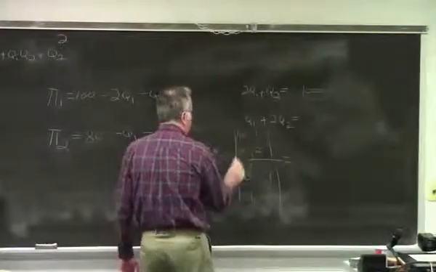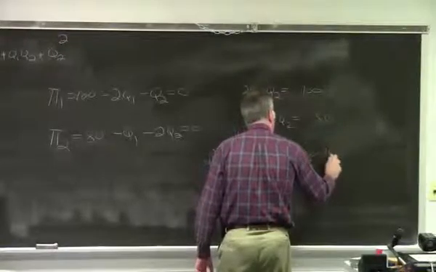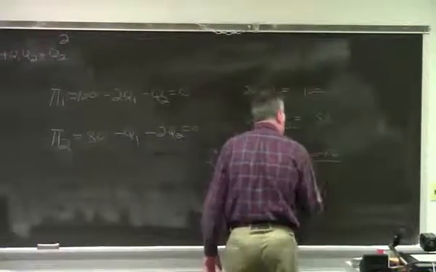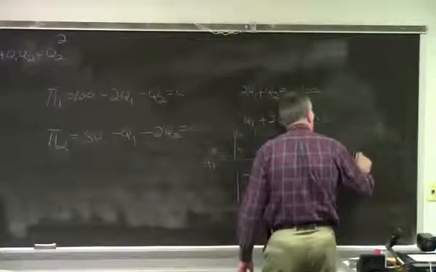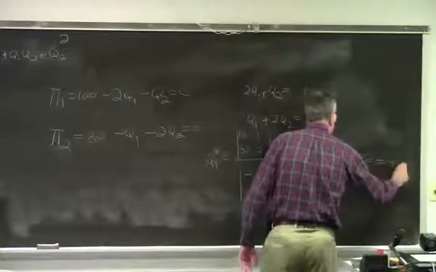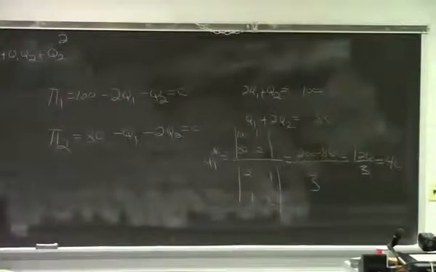So it's 200 minus 80 up here. Down here, it's 4 minus 1 is 3. So it's 120 over 3, equal to 40. So the critical value of Q1 is 40.